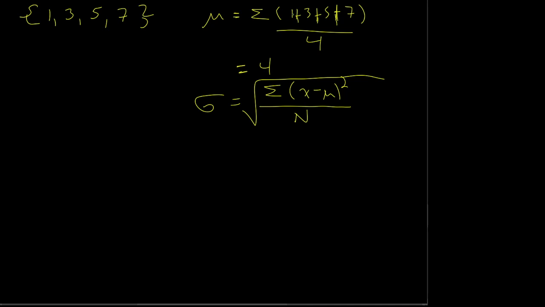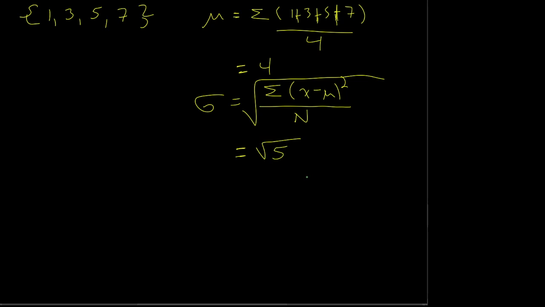Well, I have 1 minus 4, which is negative 3 squared, so that's 9. 3 minus 4 is negative 1, squared is 1, so that's 10. And I get 10 on the other side, so I'm going to end up with 20 divided by 4, or 5. And so the square root of this is 5.